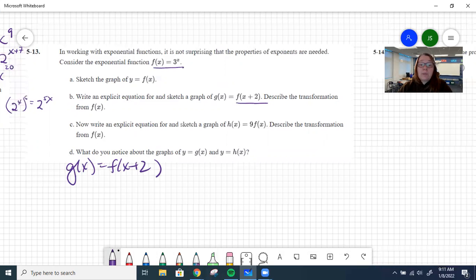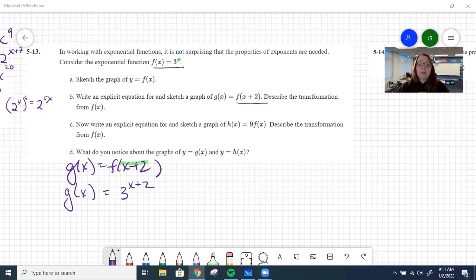When it says f of x plus 2, that means substitute x plus 2 into the f rule for x. So g of x then would be 3 to the x plus 2 power. And it says graph that. So I'm going to graph it in Desmos. So y equals 3 to the x plus 2 power.